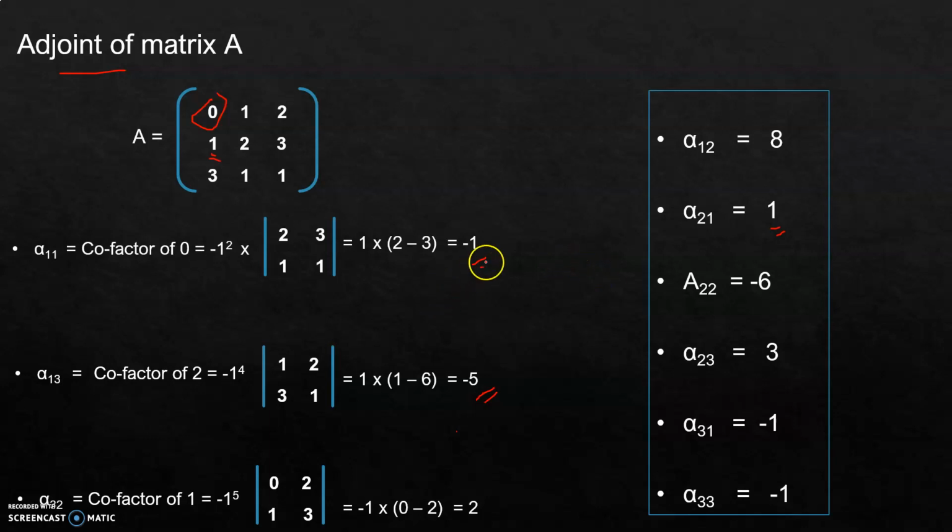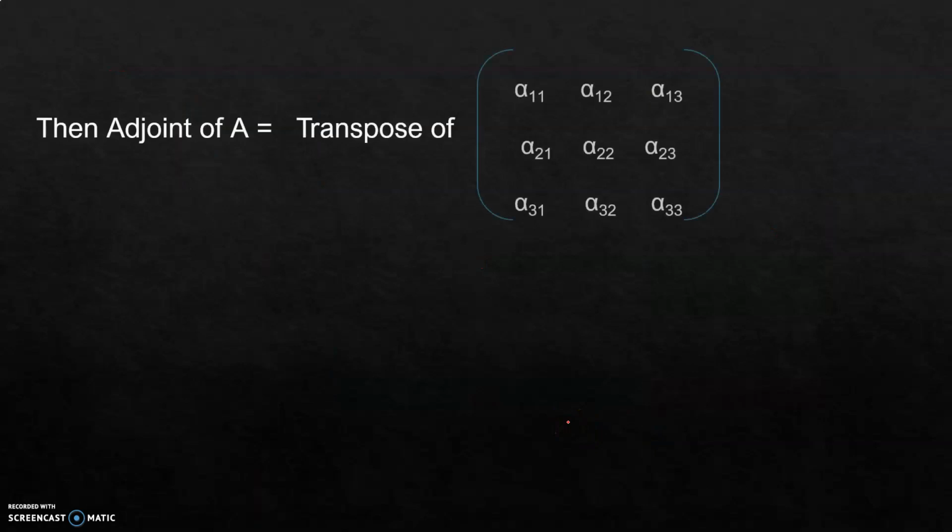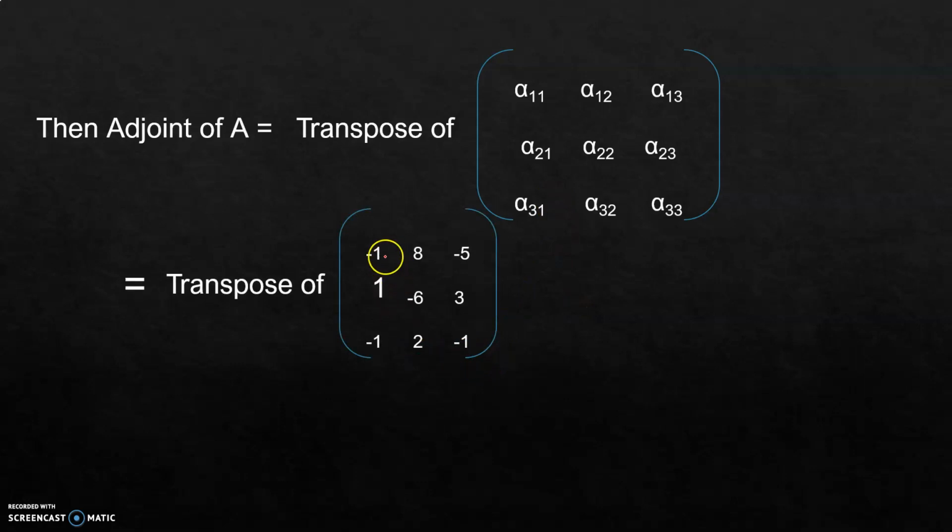So after finding the cofactor of all the 9 elements, we need to form a cofactor matrix. So this one is the cofactor matrix: minus 1, 8, minus 5, 1, minus 6, 3, minus 1, 2, minus 1. So just place all the cofactors in their concerned positions.